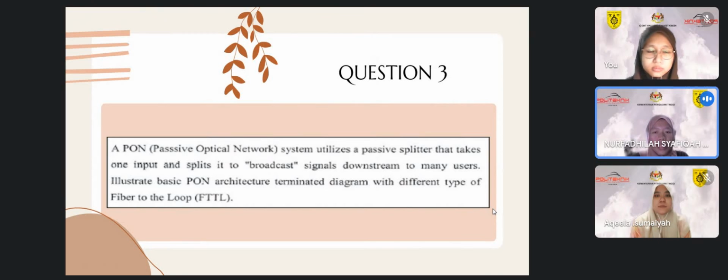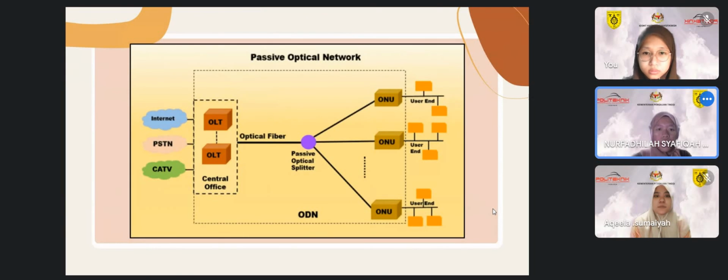Okay, thank you to Aini. Question 3 is about a PON, a passive optical network system that utilizes a passive splitter. It takes one input and splits it to broadcast the signal.